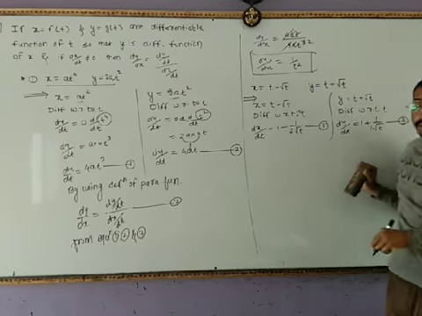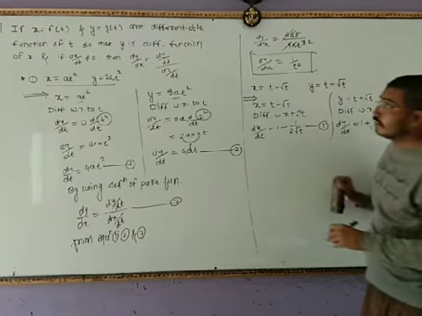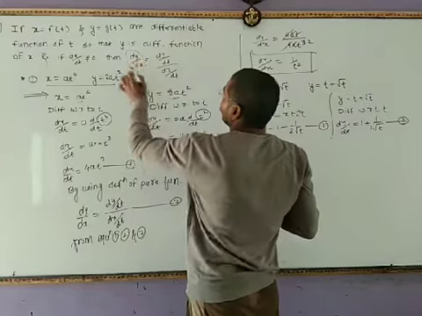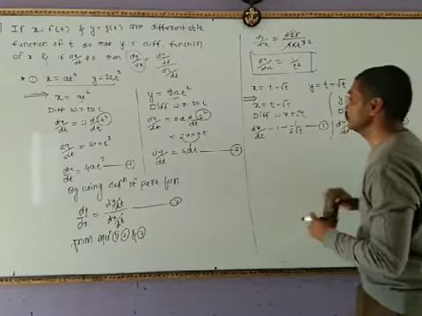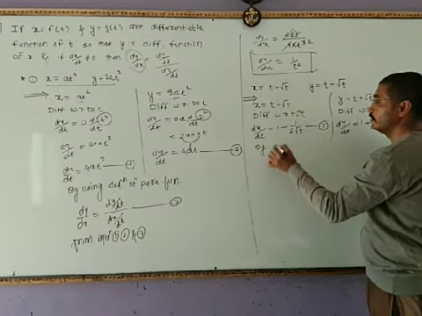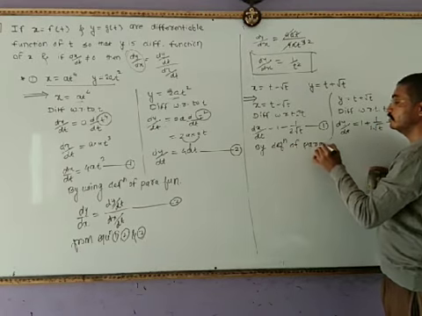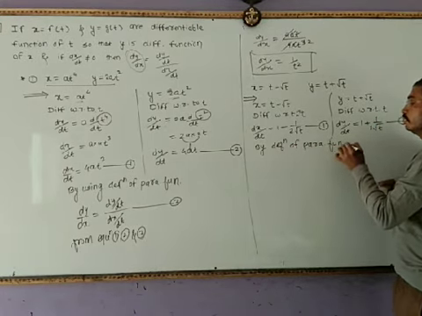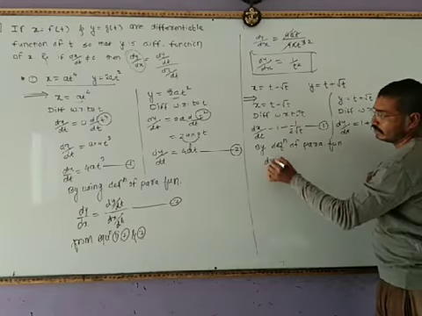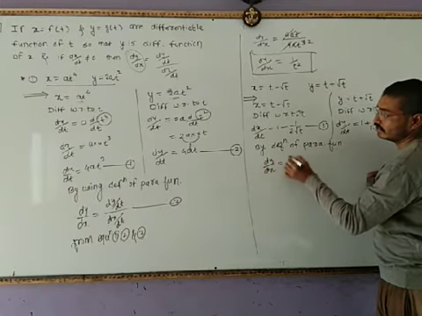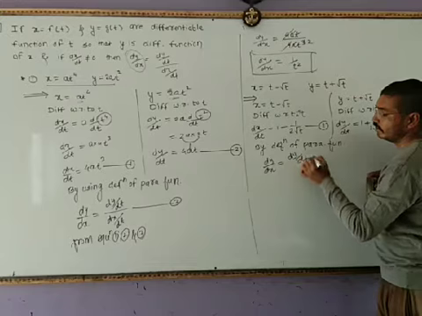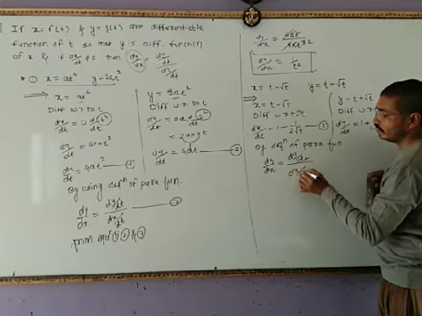By using the definition of parametric function, we have to find dy by dx. The definition is dy by dx is dy by dt upon dx by dt.